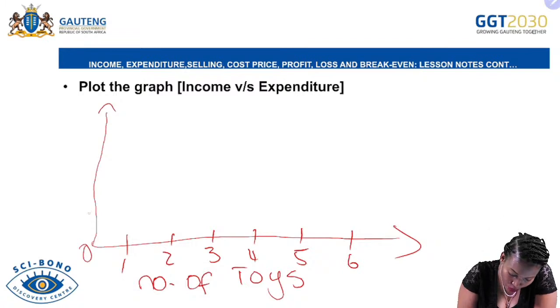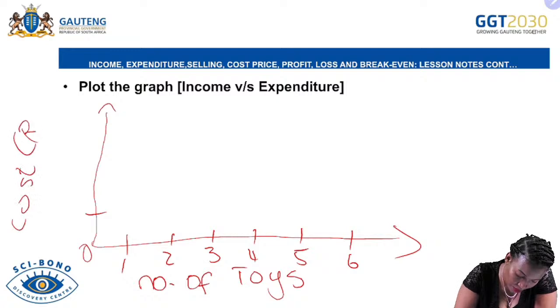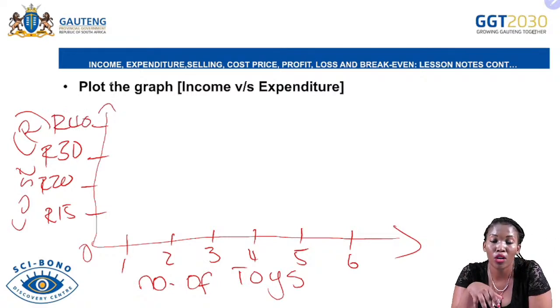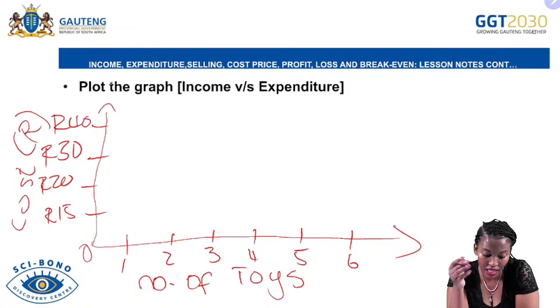And then here it will be the cost in rands. So the price of 1 toy would be 15 rands. Remember, you are also producing, as a business, you are buying these toys somewhere, or maybe you are producing them.